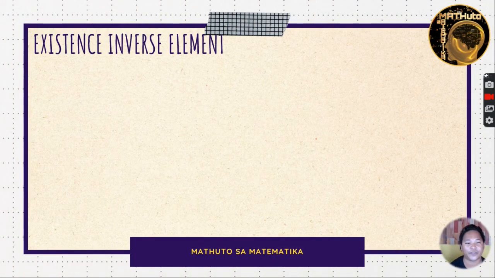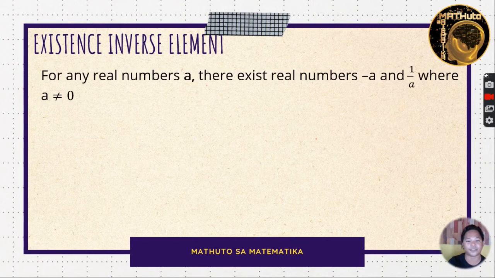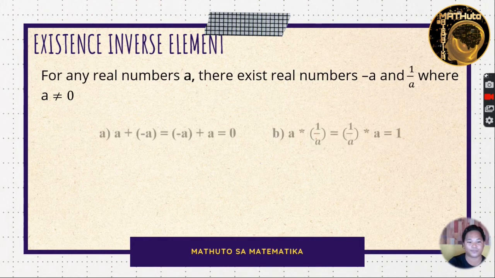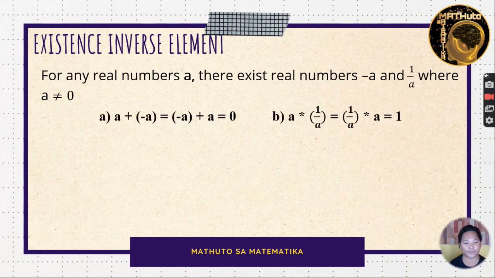We also have the inverse element. For any real number A, there exist real numbers negative A and 1 over A, where A is not equal to 0. For addition, we have the inverse element, our negative A, which will give 0.